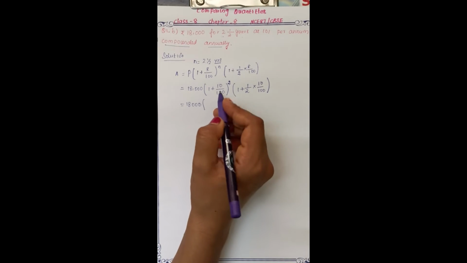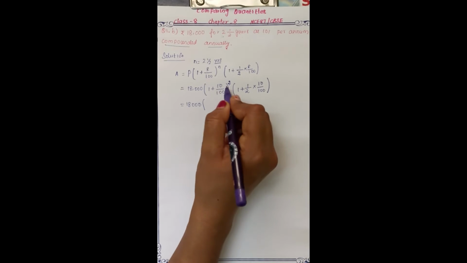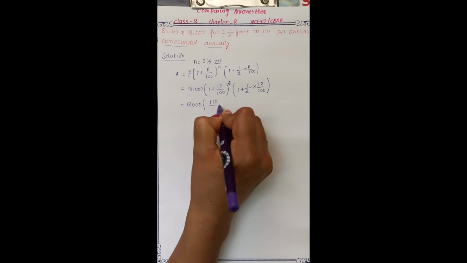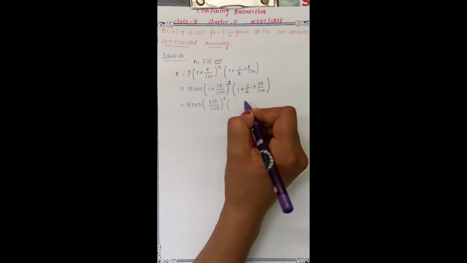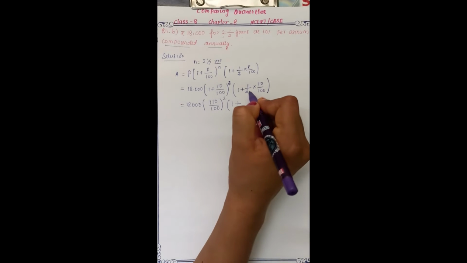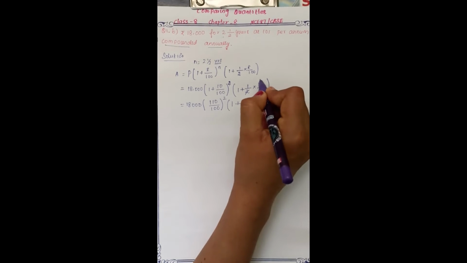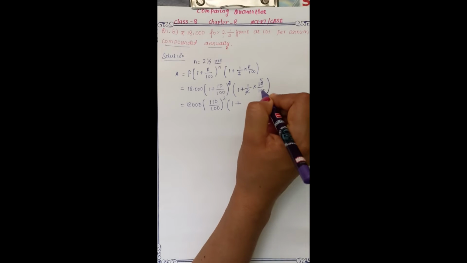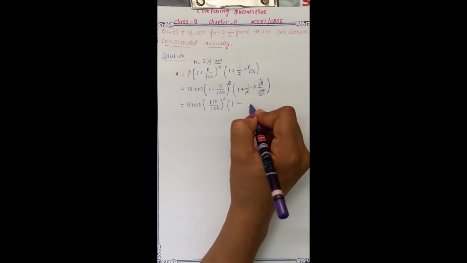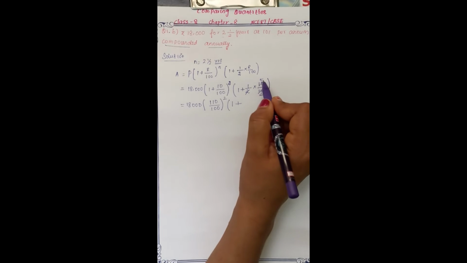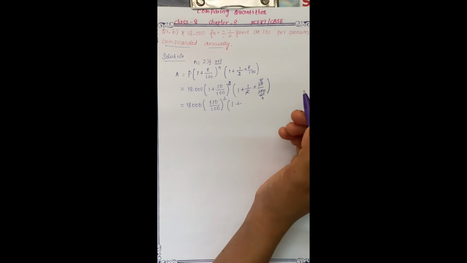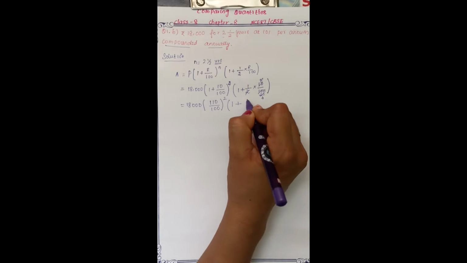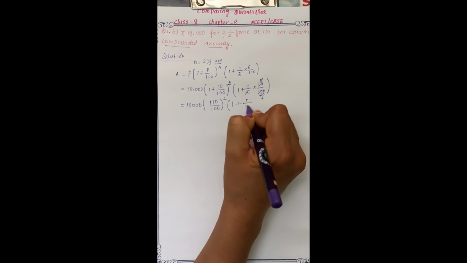So we need to take the LCM. After taking LCM, this term becomes (110 divided by 100) squared into 1 plus, so cut this and this. 5 twos are 10. 1 five is 5, 2 fives are 10, into 20. So 1 plus 5 by 20, or again we cut by fifth table. 1 fives are 5, 4 fives are 20. So 1 plus 1 by 4.